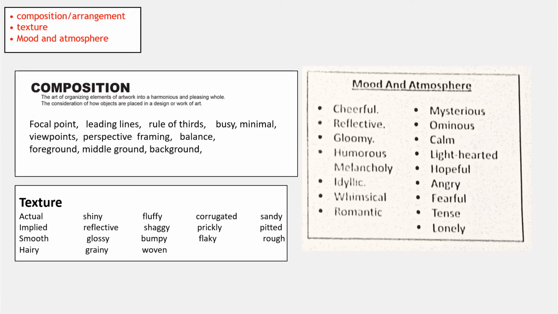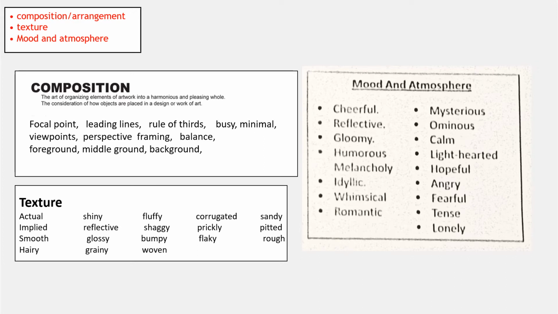So you could be specifically looking for things like the focal point. Are there leading lines in the painting? Is there rule of thirds in the painting? Is it a busy or minimal composition? So that means, is there a lot of stuff in it, or is it quite minimal? You could be talking about viewpoints, if there's a specific perspective in it.